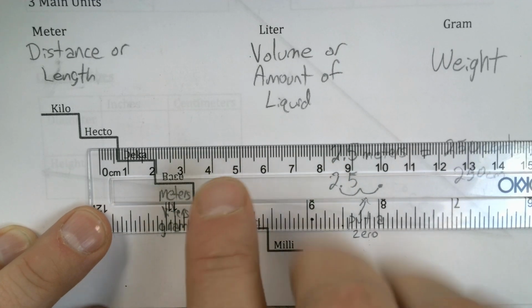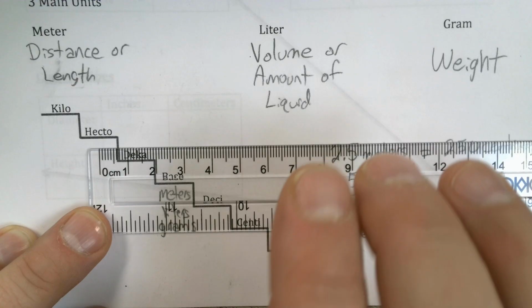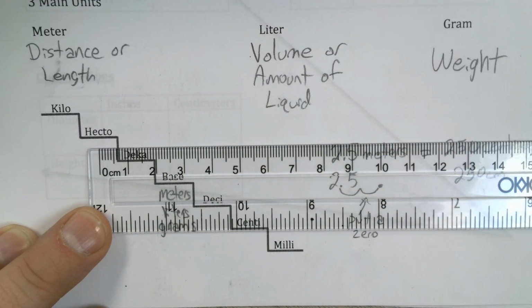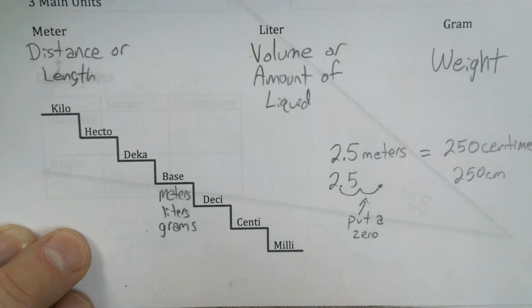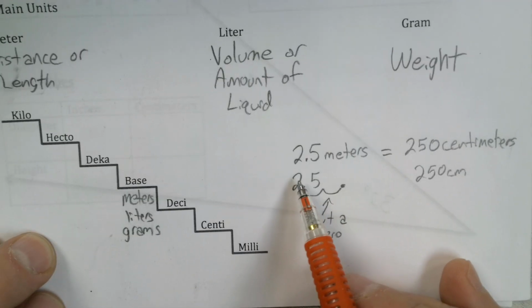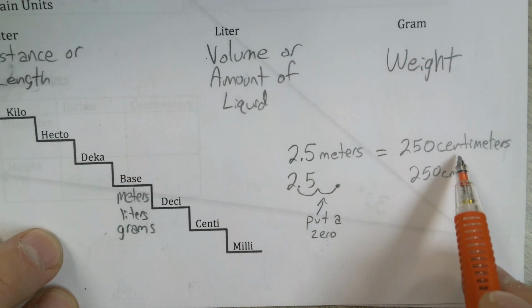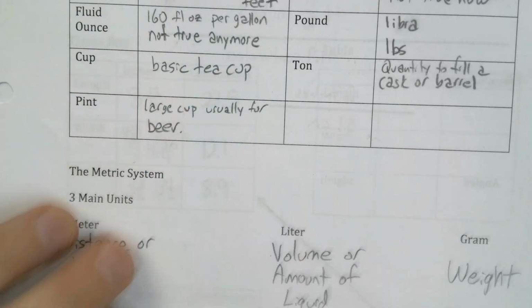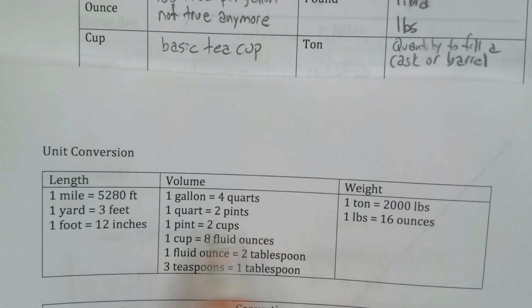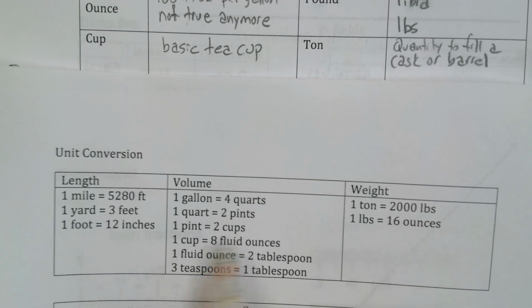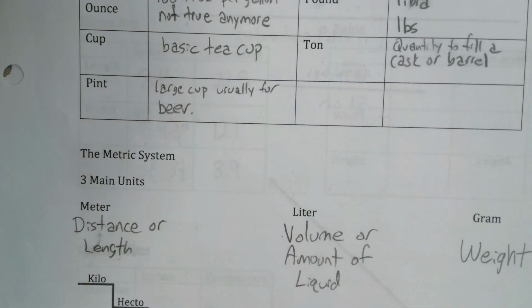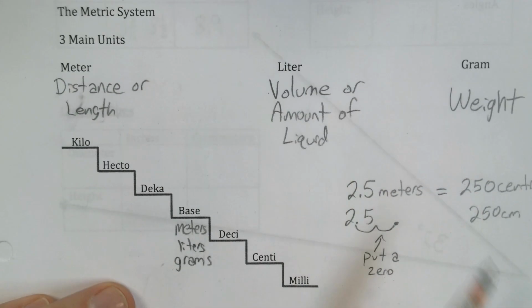And so this metric system is based on our decimal system, which is a base 10 system. So everything works very much like our decimals work. And so like if I had 2.5 meters and I wanted to convert it to centimeters, I don't need to use some horrible conversion table and memorize or try and figure out, oh man, how many is in what. It is literally moving the decimal to make it work.